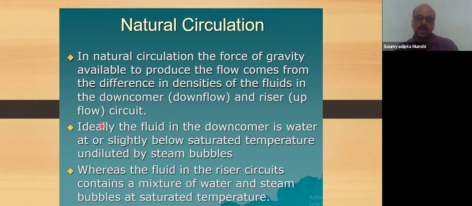Ideally, the fluid in the downcomer is water slightly below the saturated temperature. What I told you means that the water which comes through the downcomer is below the saturation level, and we accomplish this with the help of the economizer, because the economizer heats the water and takes the temperature of the water to near the saturation temperature.